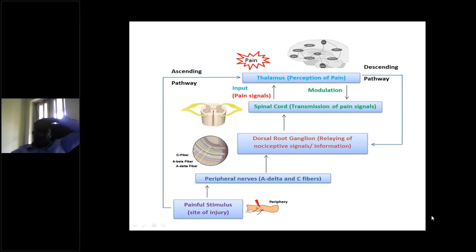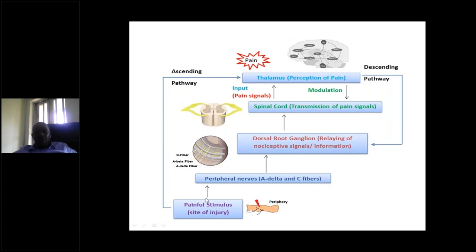This is the inflammatory pathway or the pain pathway. So when you have a painful stimulus or site of injury, like the hand at the periphery, there are peripheral nerves at that point. So that information is taken to the peripheral nerve. There is the A delta nerve, there is the C fiber nerve.